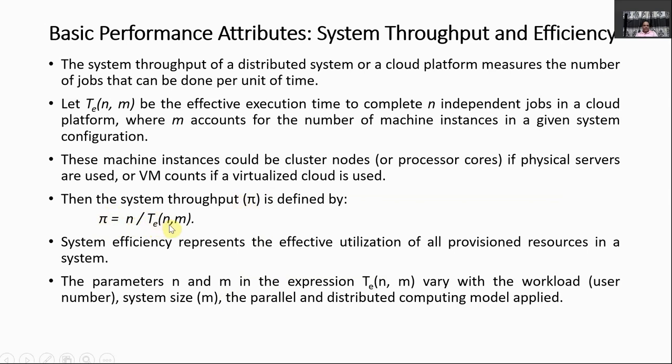So it is a ratio of n by the effective execution time, where n is the number of independent jobs and m accounts for the number of machine instances.